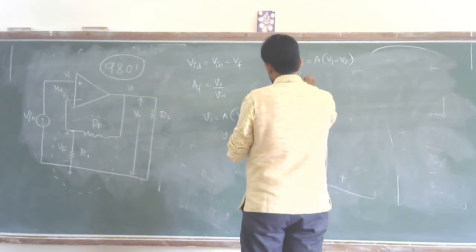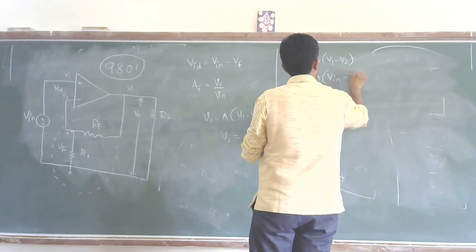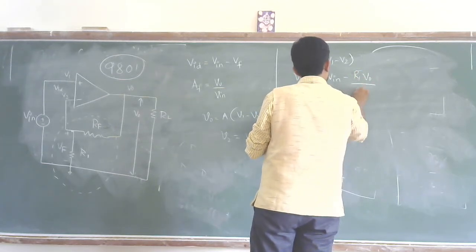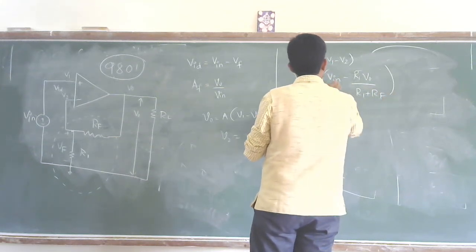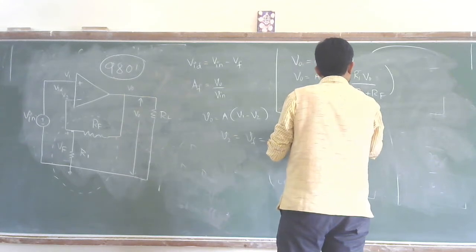I am here deriving a small equation with respect to the gain of the inverting amplifier in terms of feedback, which is exactly the same as something you have studied in your basic electronics course.